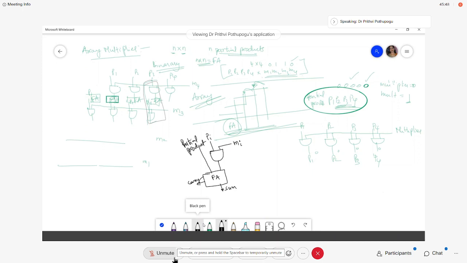Okay, got this now. The iteration will be generating a sum and carry. This becomes the input to the next stage.